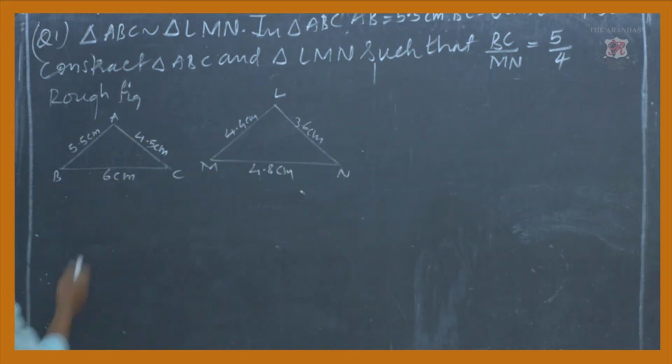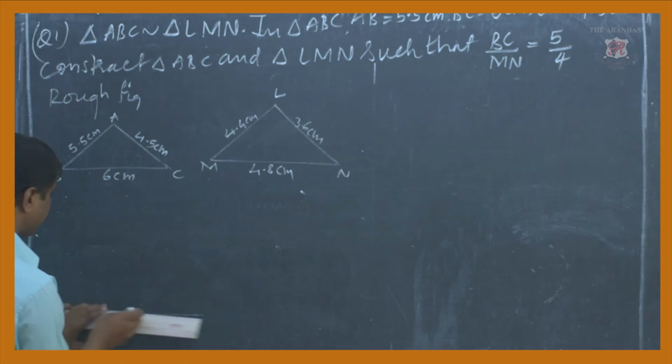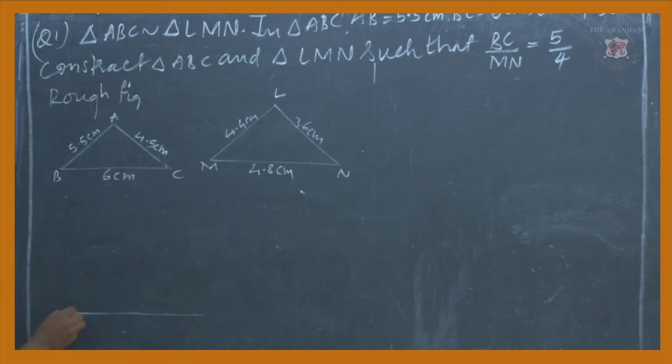Now see here, first the given triangle we will construct. The base of the triangle is 6 centimeter. We will take it here, suppose BC. This is the base segment BC of 6 centimeter. Then we have to find the vertex A. B to A is 5.5.